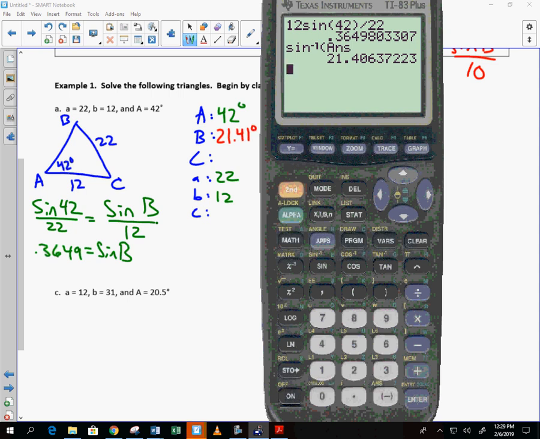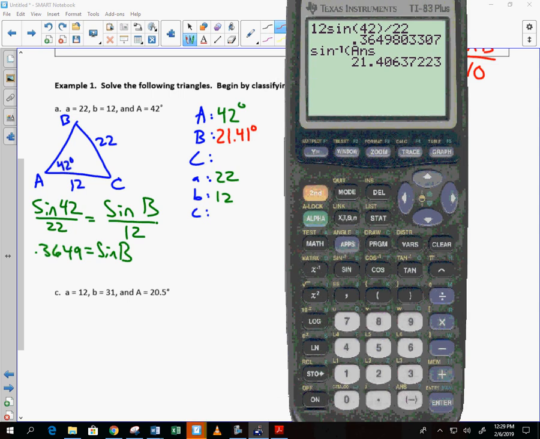What's the next part of the triangle I'll need to solve? Angle C. How do I do that? They all add up to 180 minus 21.41 minus 42. I get 116.59.